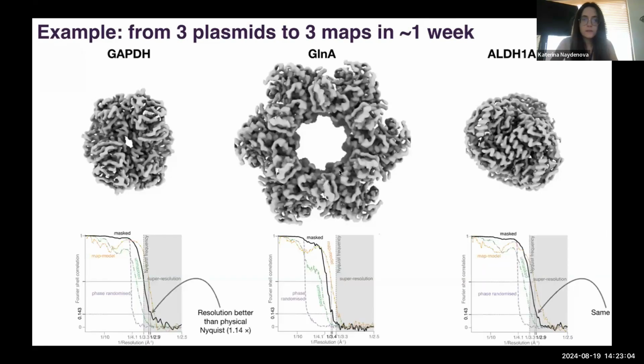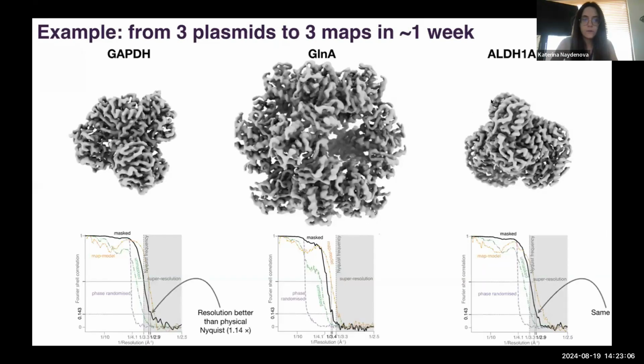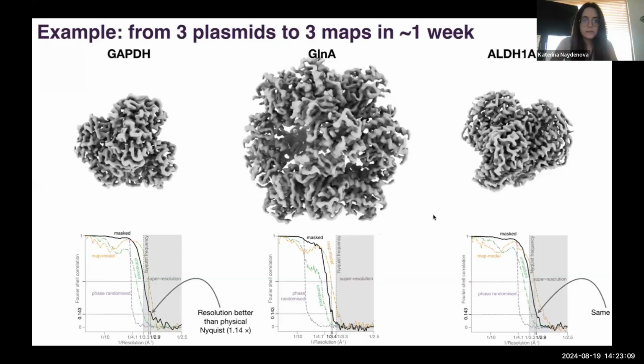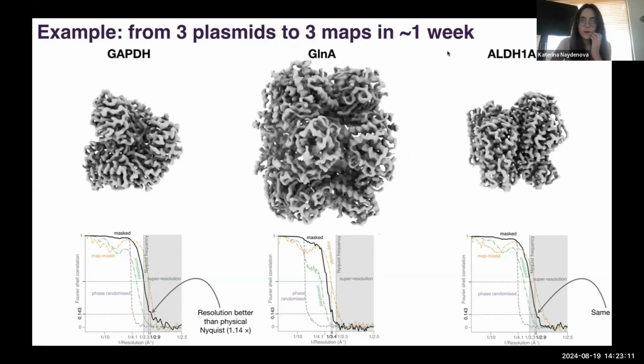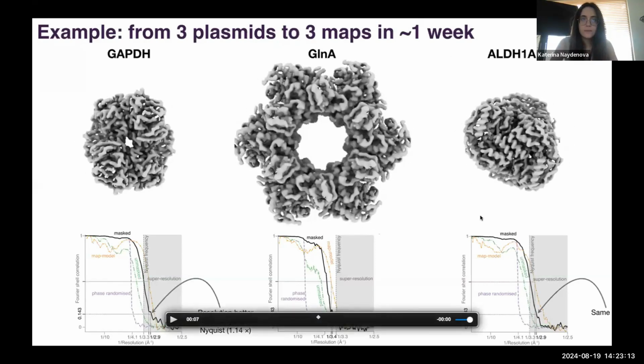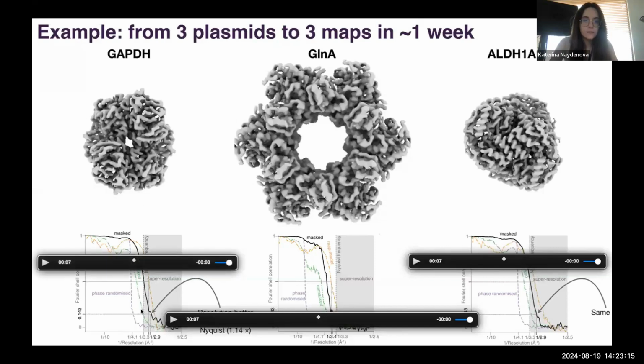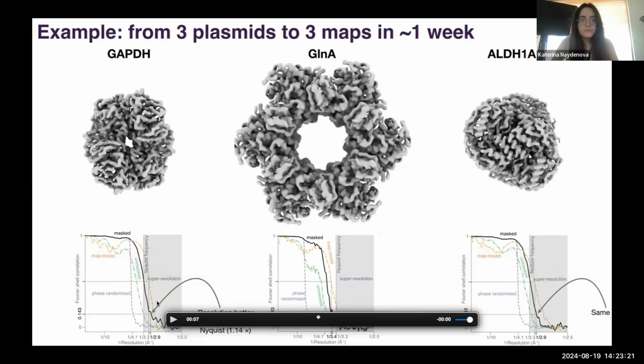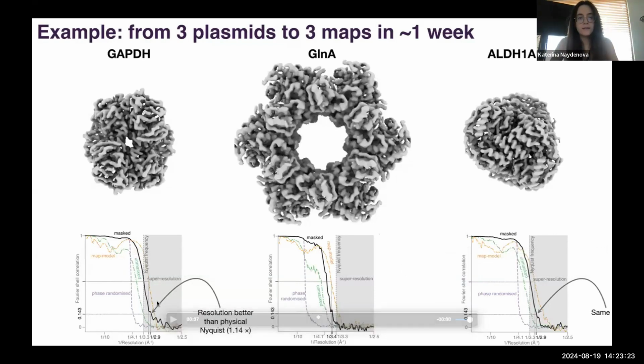And from these really small data sets, we managed to obtain these 3D reconstructions. Quite interestingly, for 2 of the samples, the aldehyde dehydrogenase and the GAPDH, the resolution that we obtained, slightly under 3 angstrom, is actually better than the Nyquist limit given by 2 times the pixel size at which we collected. This is only possible because our detector had the capability for super resolution localization.